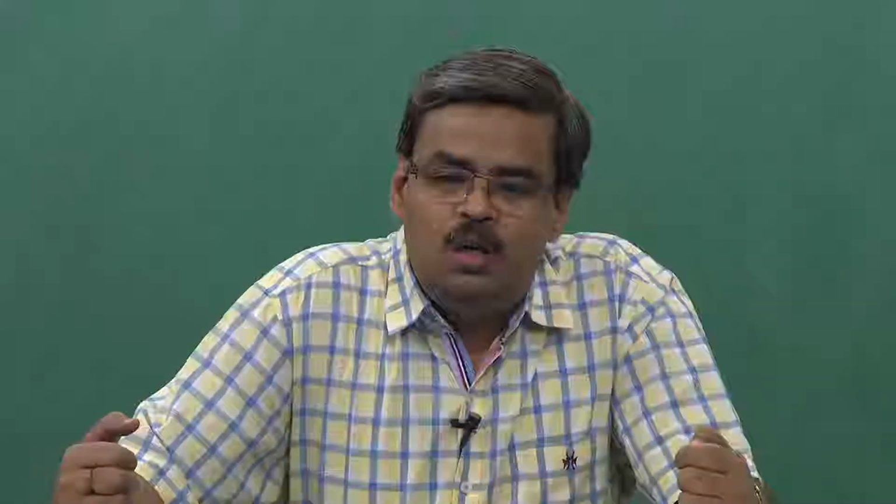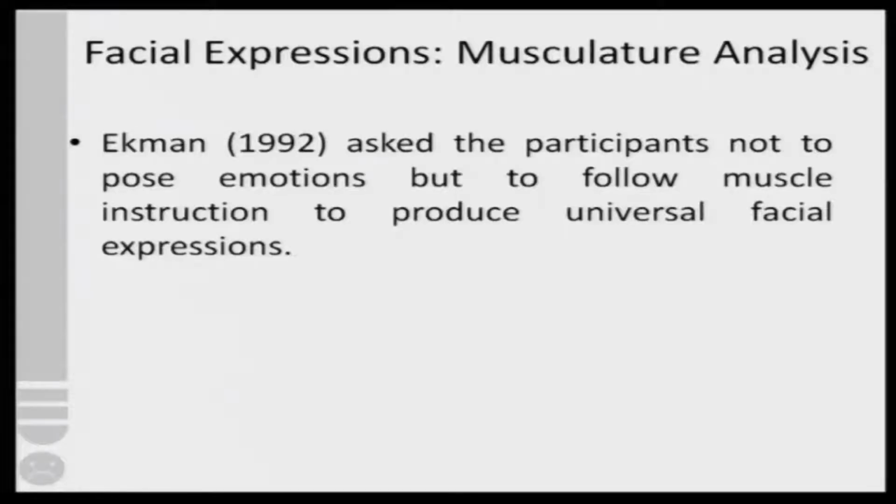Now, Paul Ekman took a set of participants and asked them to pose emotions, but he did not name the emotion that the individual had to pose. Rather, he asked the participants only to follow the instructions to move the muscles. Universal facial expressions were derived not by asking the participants to pose an emotion, but by asking them simply to follow the muscle movement instruction.